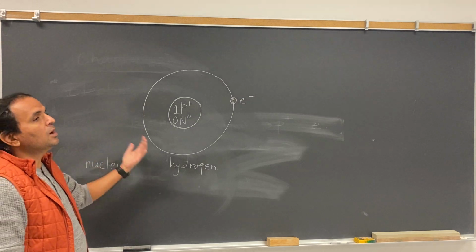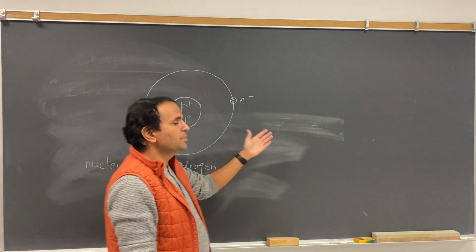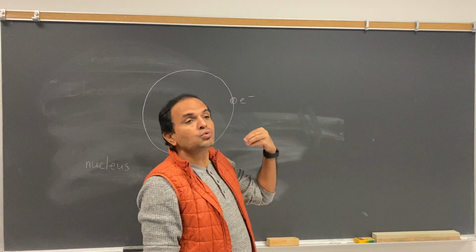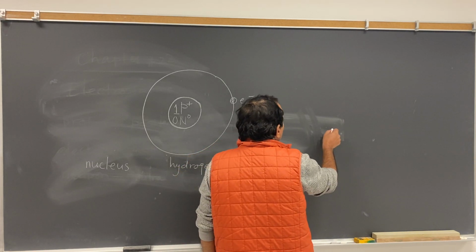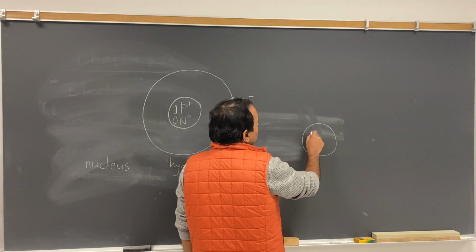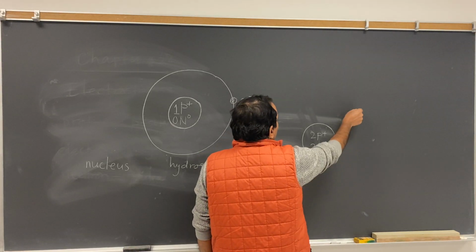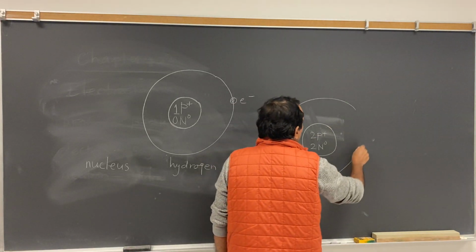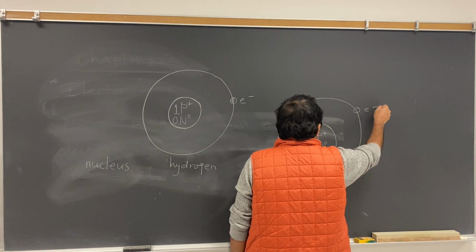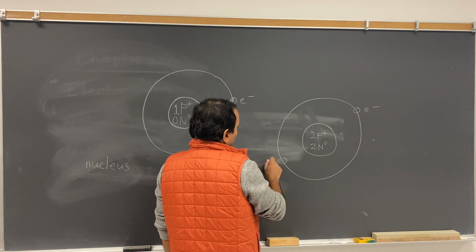If you draw another atom like helium, you have 2 protons, 2 neutrons, and electrons, one electron there and another electron here.